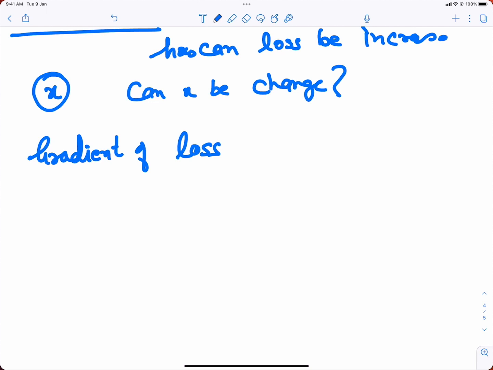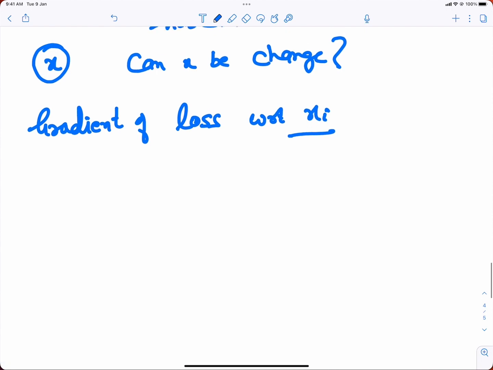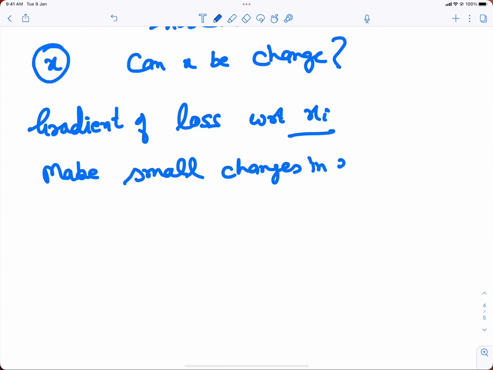So the gradient of loss with respect to xi, now instead of theta it is xi, and make small changes in xi. Again, we say small because these should not be visible to human eyes, and we have seen in the coding examples that it's not visible. So make small changes in xi to increase the loss.